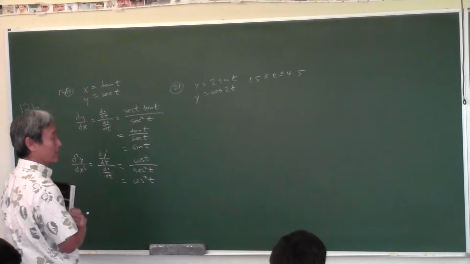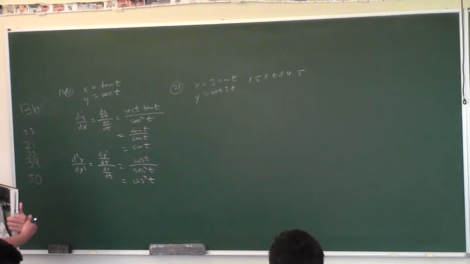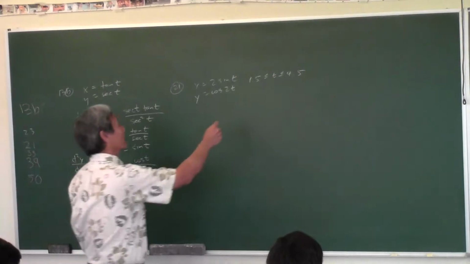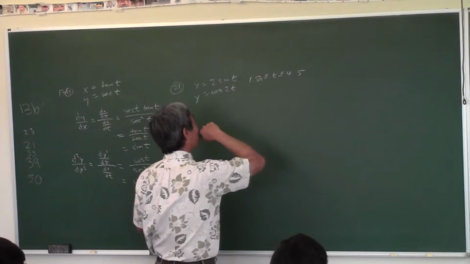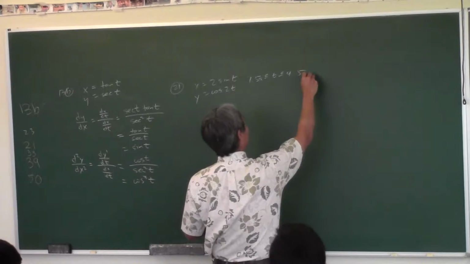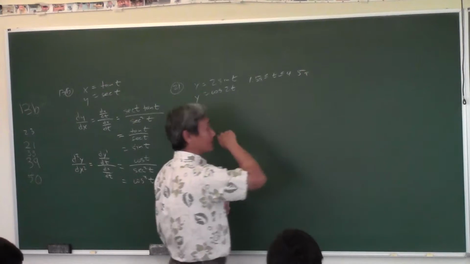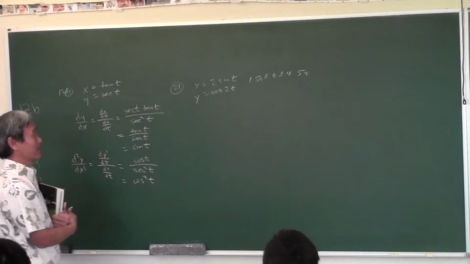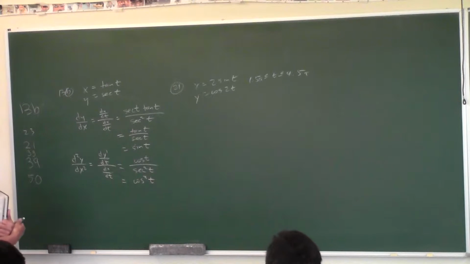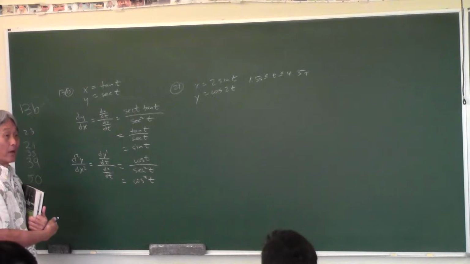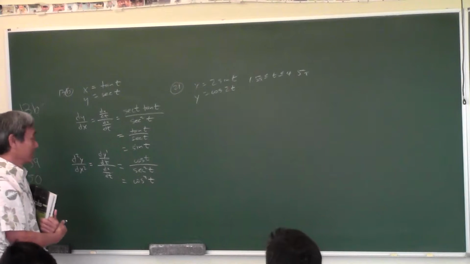I think they meant 3 halves of that. Oh, like from 3 pi over 2 to 9 pi over 2, because that's what it is in the answer too. That would make more sense, because who knows what sine of 1.5 is? Why would they do that?